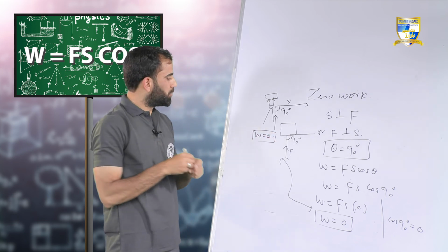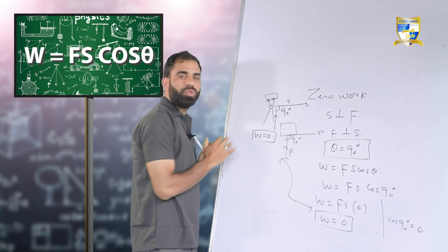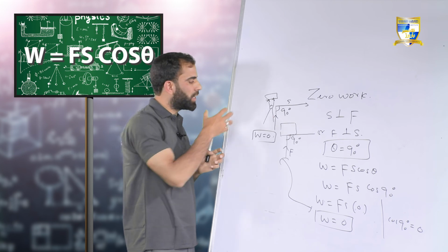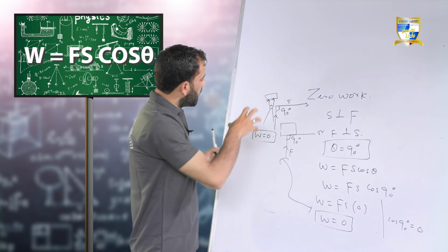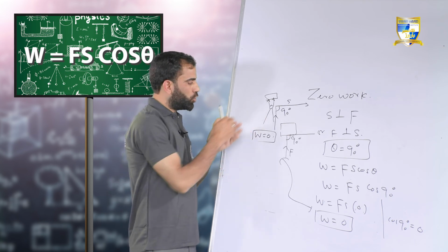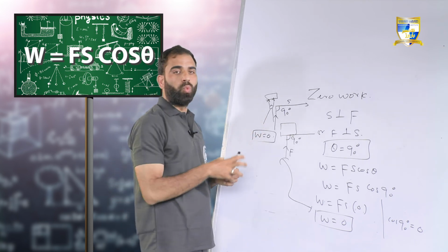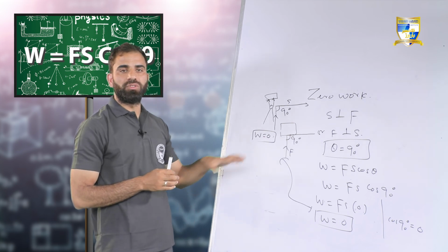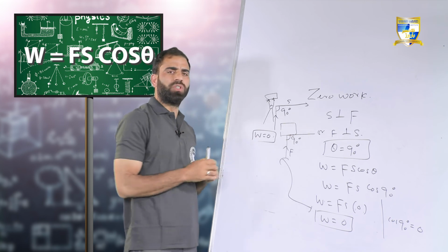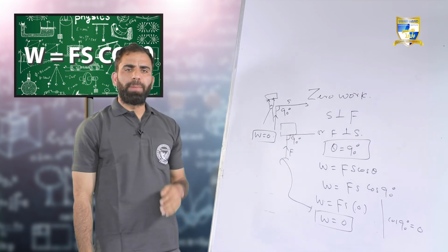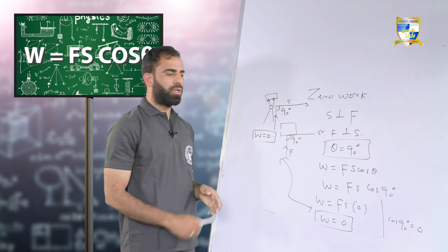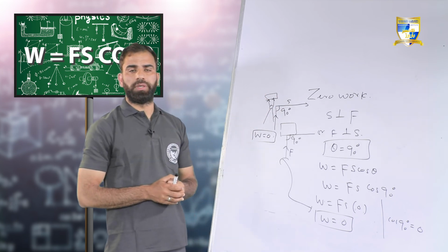Although the person has used his energy, he may get exhausted by consuming his energy, but still he has done 0 work. Why so? Because what is the angle created here? It is 90 degrees. So when you are doing any activity or any sort of work while applying force perpendicular to the direction of displacement, the work done will be zero.